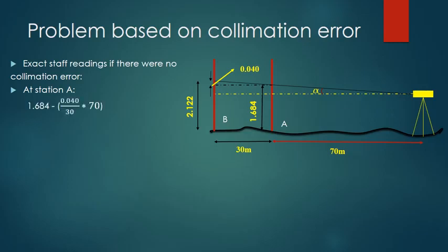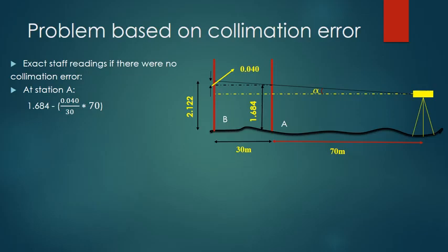The staff reading given in the question is 1.684. However, this reading is more than what it should be because there is some error. So we are going to subtract that amount of error.